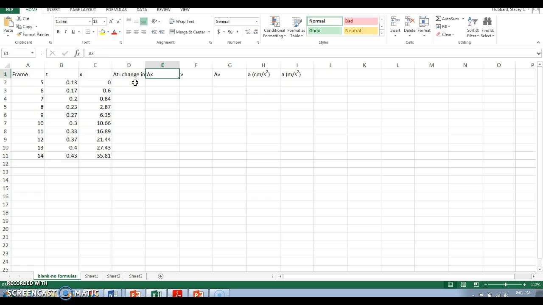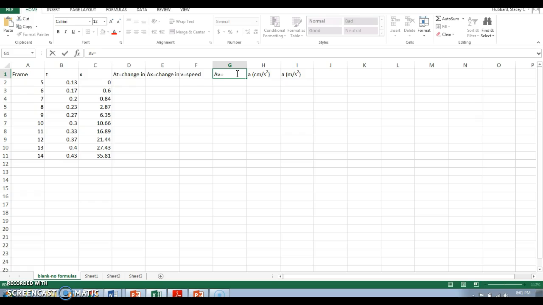What about this delta x? Well, we just said delta means change and x is position. So delta x is change in position. So write that down. Delta x is change in position. Remember, x is position. So what is v? V is either velocity or speed.